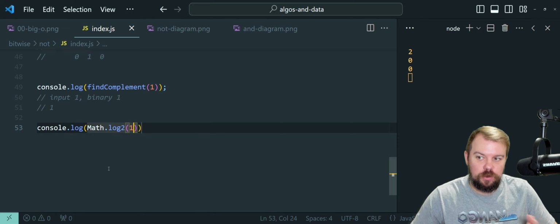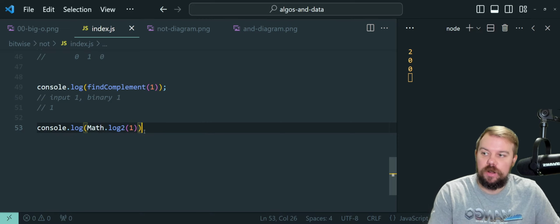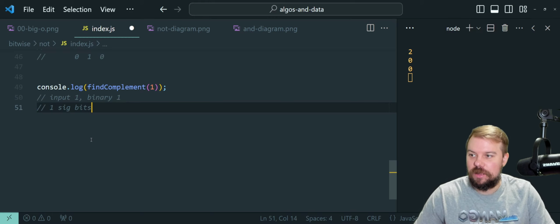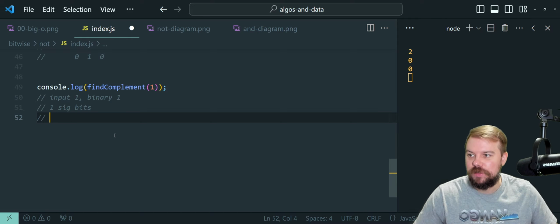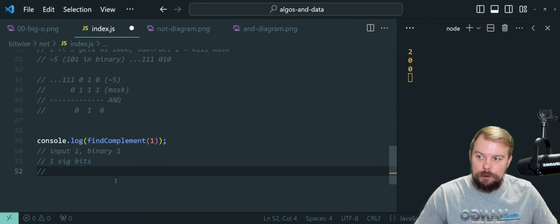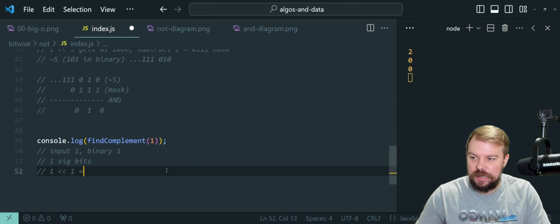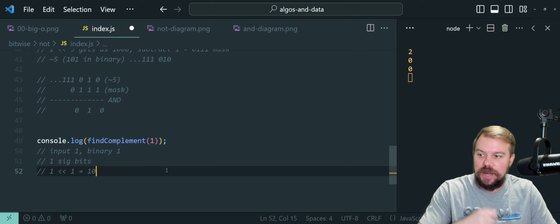Math.floor rounds down to just straight up 0. We add 1, we get 1. So that's how many significant bits we got. Sig bits. We're going to call it sig bits instead of significant bits. I'm too lazy to write it at this point. So if that's how many significant bits we have, our mask 1 shift 1 gets us about 1 0, which is binary 2.